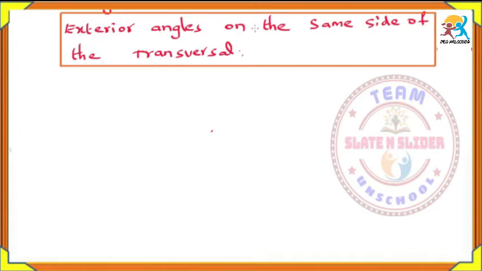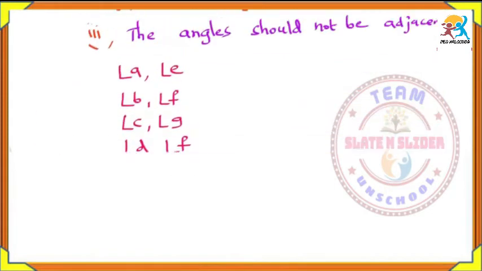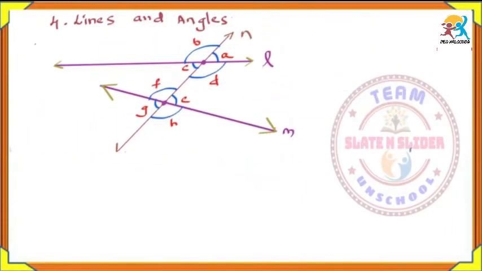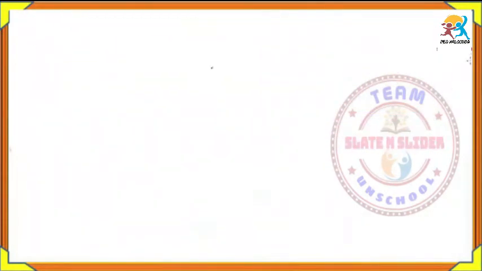Here we have to choose only exterior angles. The exterior angles are angle A and angle H, angle B and angle G.